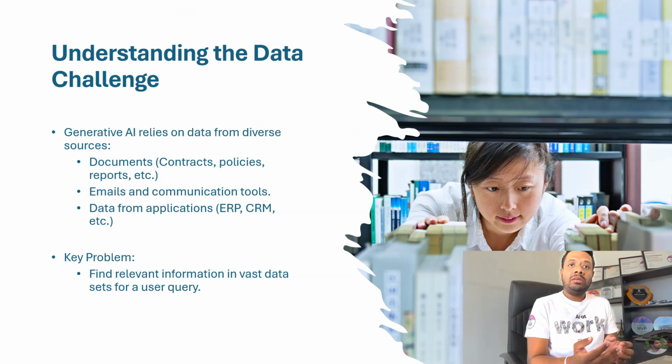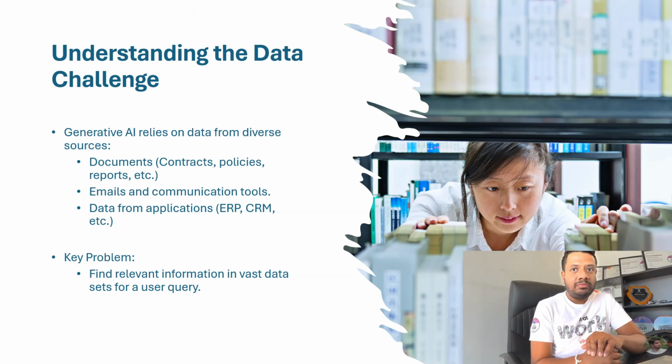In such scenarios, you need to identify all the related information from wherever it is, retrieve it, then generate a response using GenAI solutions. So this is where the challenge of data comes in for AI applications.